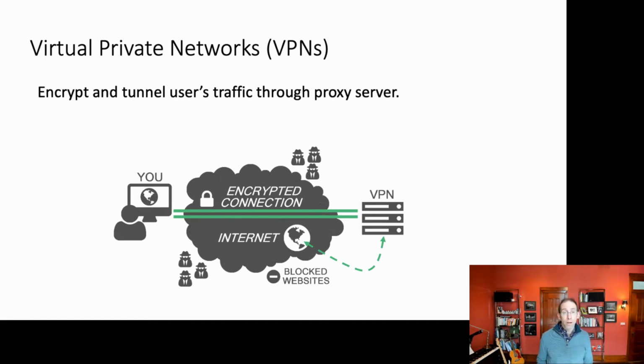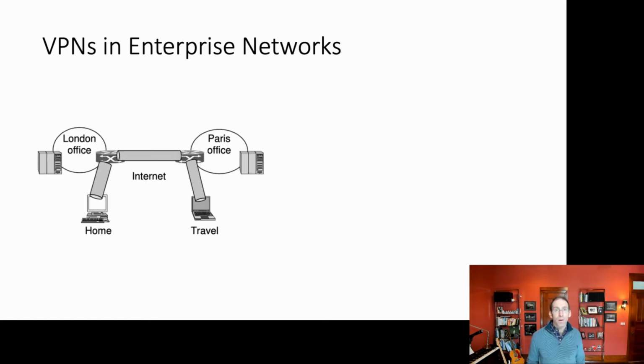It's also worth noting that simply communicating with a VPN server might itself be incriminating. And in fact, in some countries, communication with a VPN server or the use of a VPN service has been declared illegal. The use of VPNs are extensive in enterprise networks. They're often used if the employee is traveling or at home and wants to use the company or enterprise network as if they were physically on that network itself.